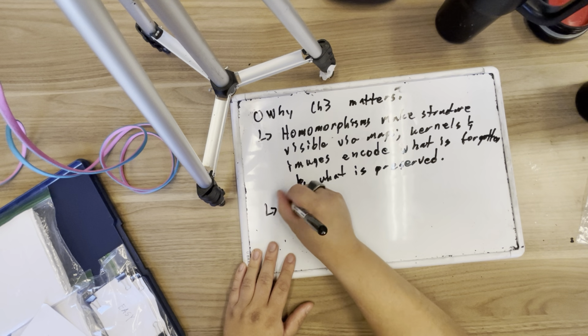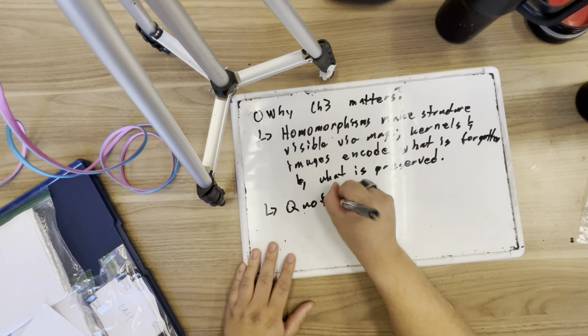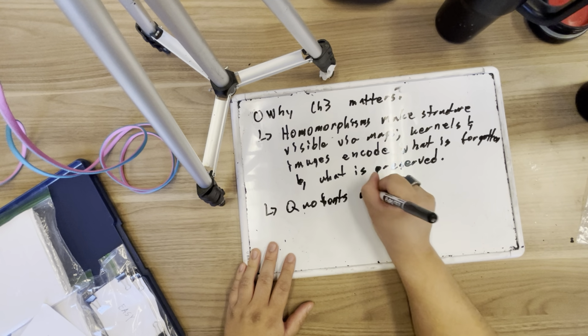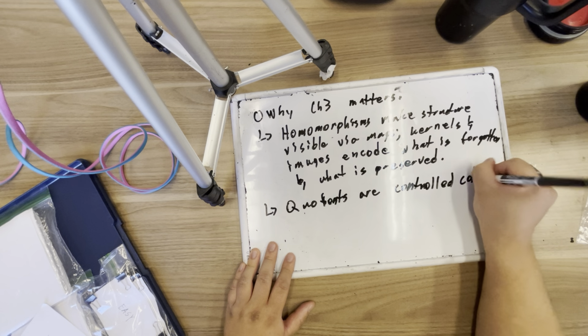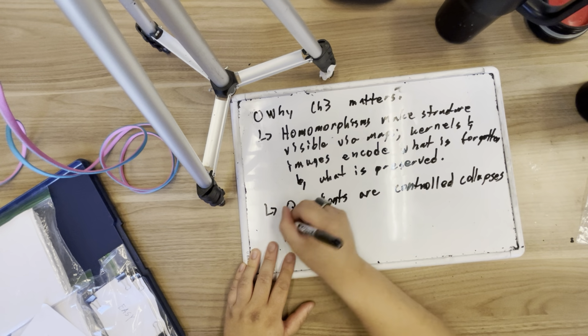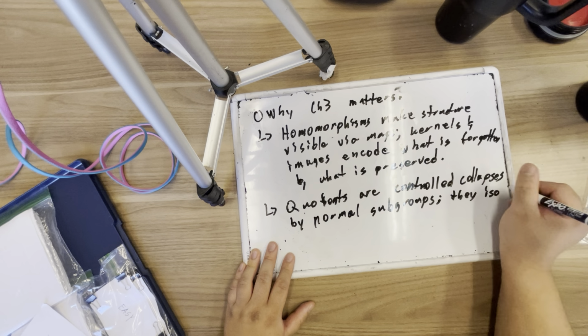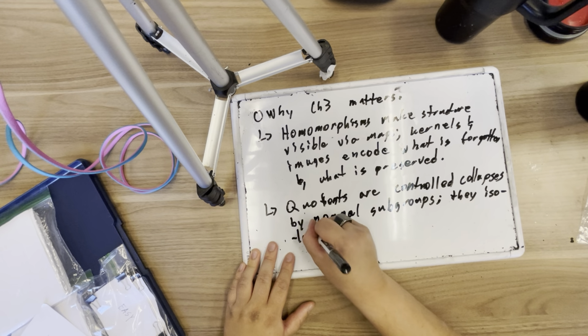Quotients are controlled collapses by normal subgroups; they isolate new structure while returning a group law.